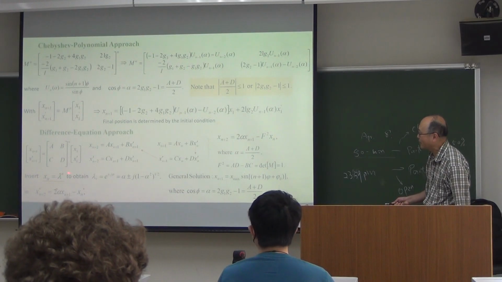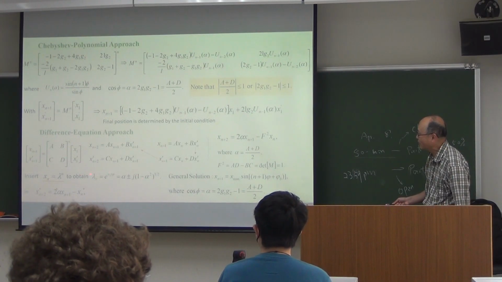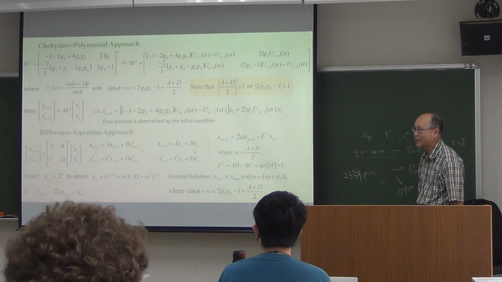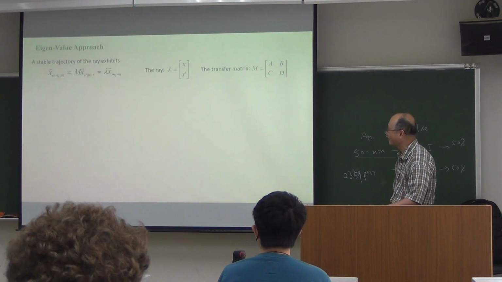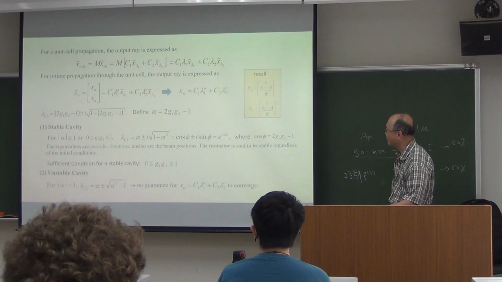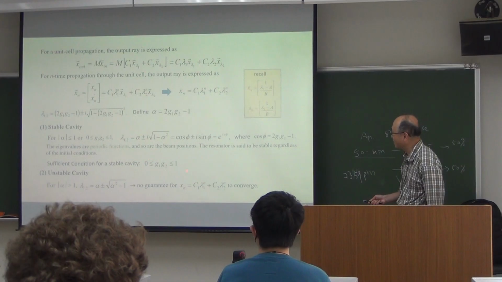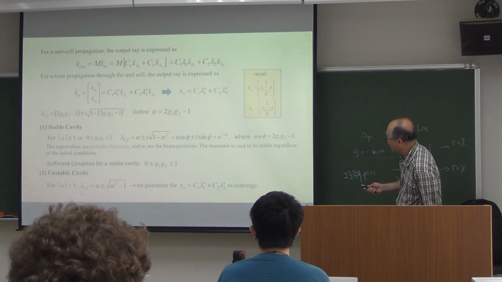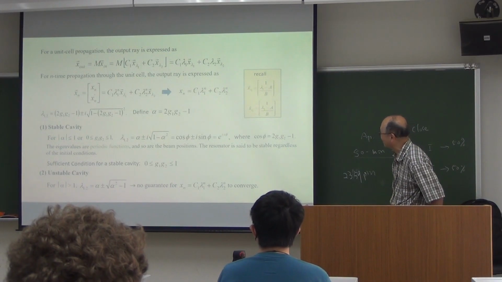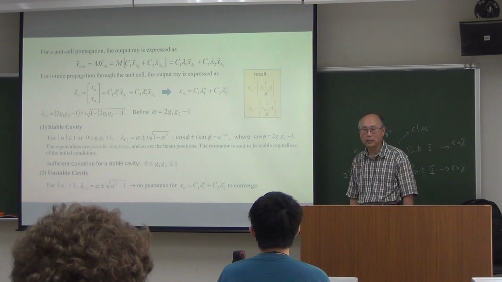Otherwise, when n is very big, this can diverge. This reinforced the concept that we should write this lambda into this, and then the output can be finite. Now we have a rigorous result here: if we use the eigenvalue approach, then indeed we can prove that when the system satisfies this condition, the output can be written into a solution on the next page with a finite amplitude. But this is the sufficient condition, not a necessary condition.